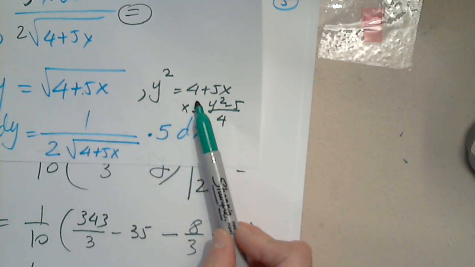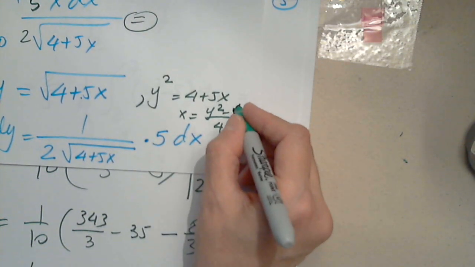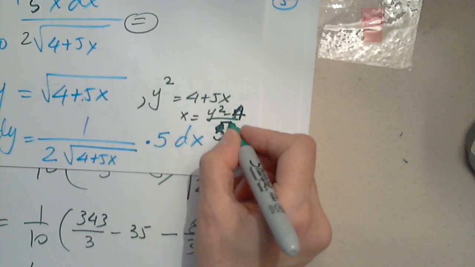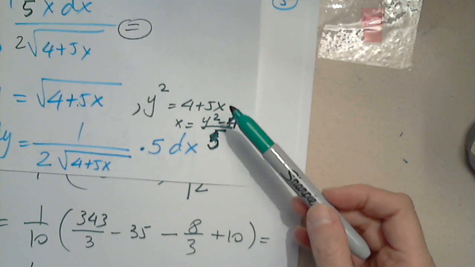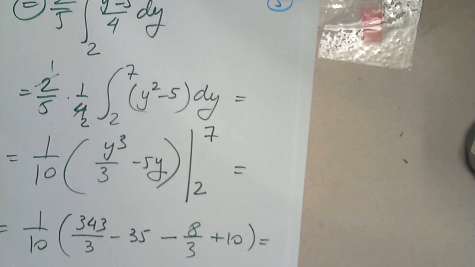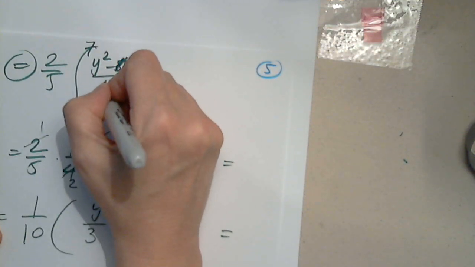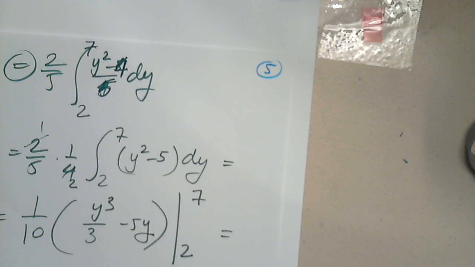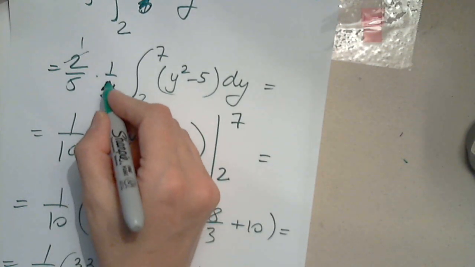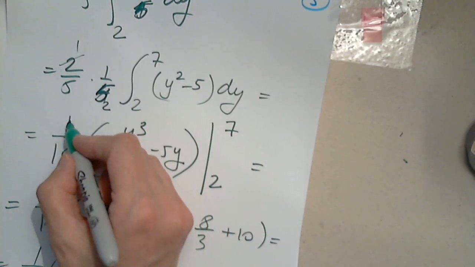Squared, y squared, I'm sorry. It's y squared minus 4 over 5, sorry. Y squared minus 4 over 5. Sorry. Okay, so this is 5. So I can simplify, and I have 2 over 25.